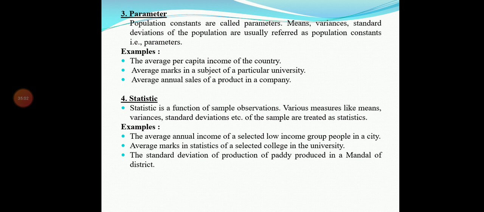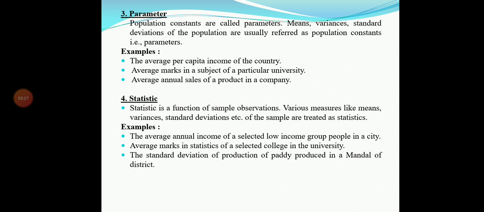Of course, it is related with the subject. Average marks of subjects, in statistics or in mathematics, of a selected college is a statistic. Of the university, it is a parameter. Hope you understand. Similarly, the average annual income of the country is a parameter.